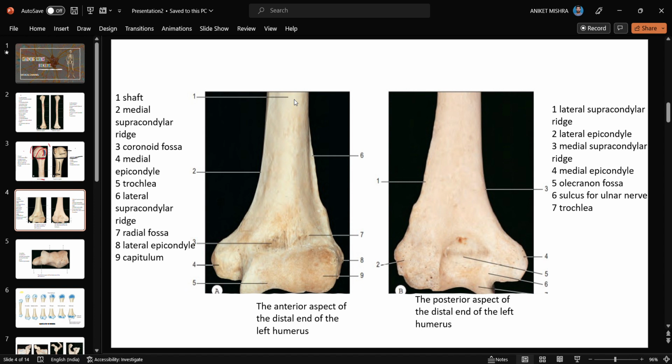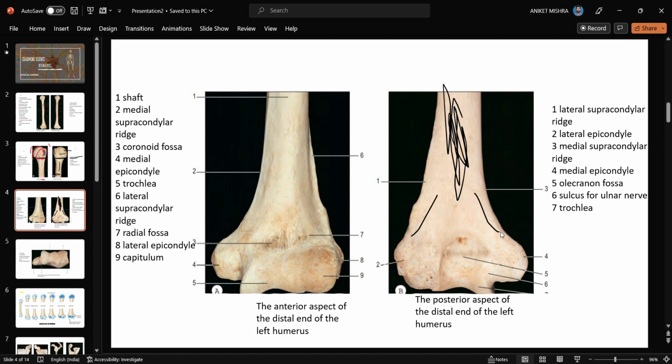When we talk about the lower end of the bone, it is flattened from front to back, and expanded from side to side.